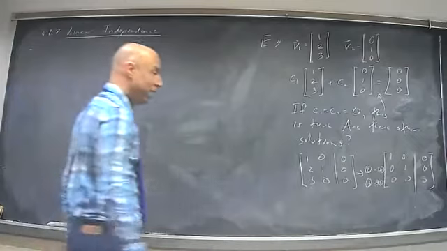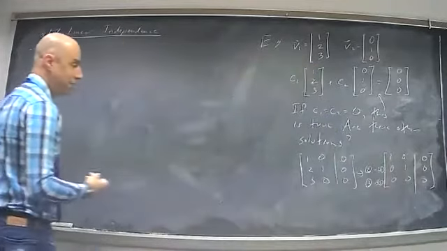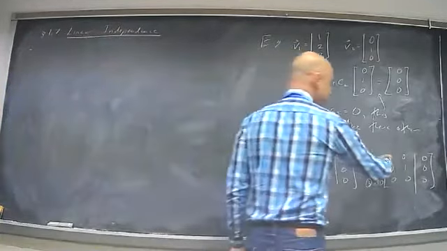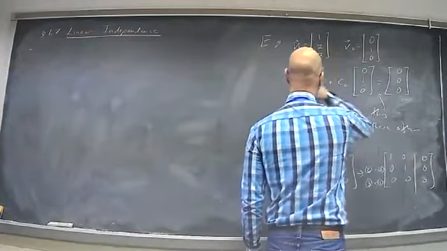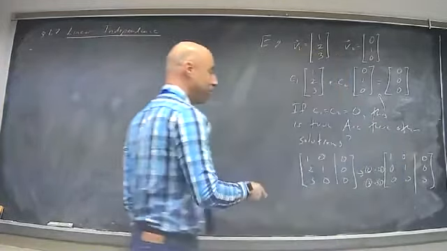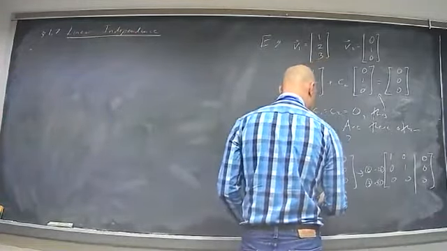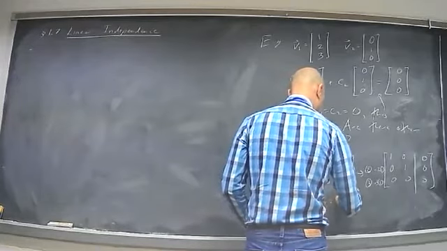But let's rewrite this now in echelon form, or as a system of linear equations. So this says 1 times, usually I call it 1 times x1, but this time my variables are c1 and c2. So that first equation says 1 times c1 plus 0 times c2. In other words, 1 times c1 equals 0.